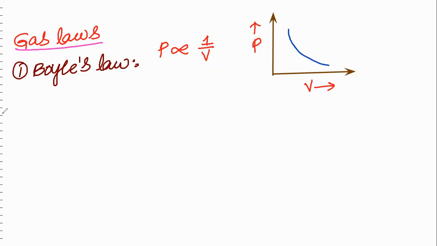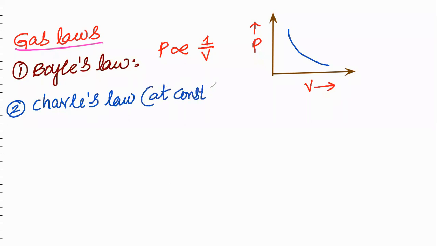Next, Charles' law. The second one is Charles' law at constant pressure. According to this, the volume of the given mass of the gas is directly proportional to absolute temperature.